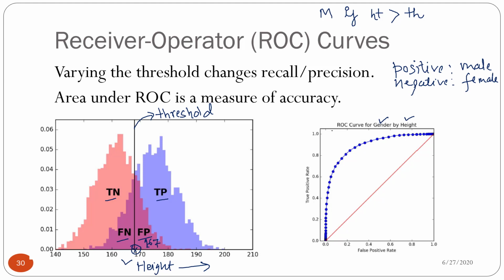In order to understand how we get to the ROC curve, we need to understand what we have on the y-axis and what we have on the x-axis. The y-axis has the true positive rate. This true positive rate is defined as the number of true positives divided by the number of total positives.